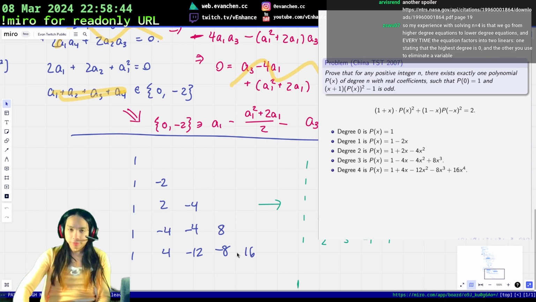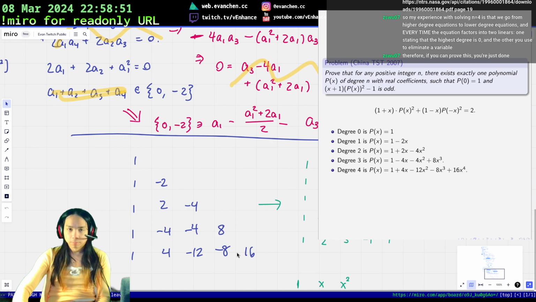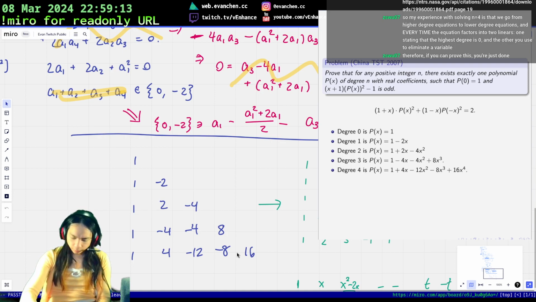If this thing is called x, then this one is always x squared minus 2x over 2, or something like this. Sorry, I'm not dividing out by the factors of 2. I should do that. And on the far right, if this is t, this is always minus t.